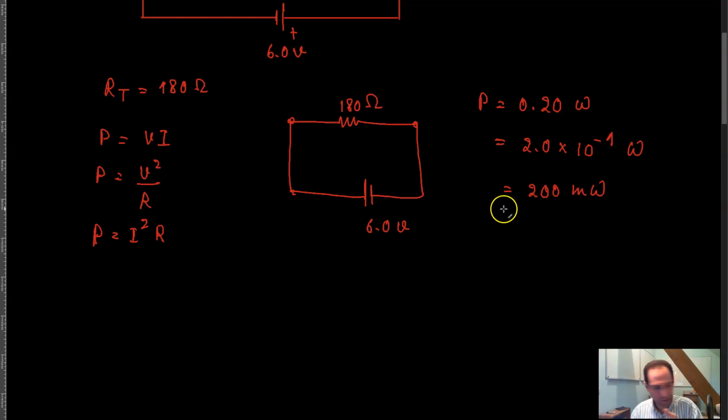That's the way electronics usually works, unless you're doing something a little bit more scientific, in which case you really specify these numbers in terms of significant figures and so on. So that would be 200 milliwatts.